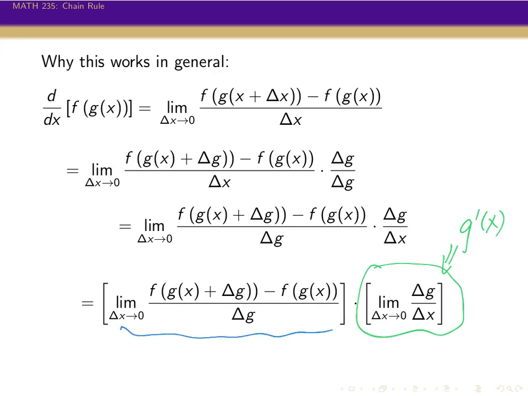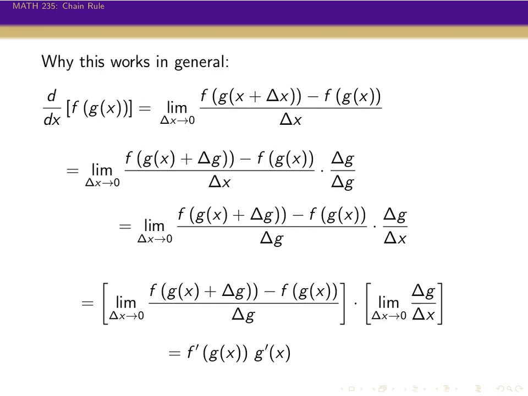And then this limit on the left looks like the definition of the derivative of f of x, but instead of plugging in x here, we're plugging in g and delta g's, and so this is going to be f prime of g of x.